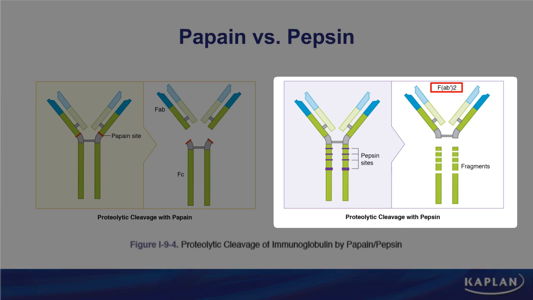And the way that you're going to remember this is, I don't know about you, it's early in the morning as we're doing this, but sometimes these antibodies look a little bit like a martini glass, I'm just saying. So if you can remember that after digestion with pepsin, you could have an ice cold glass.